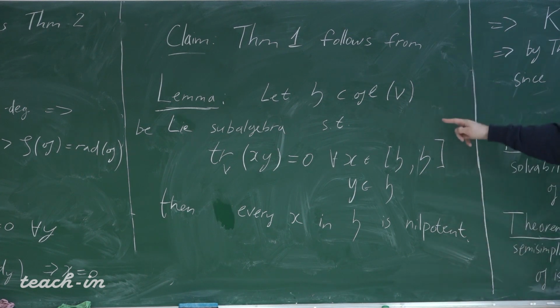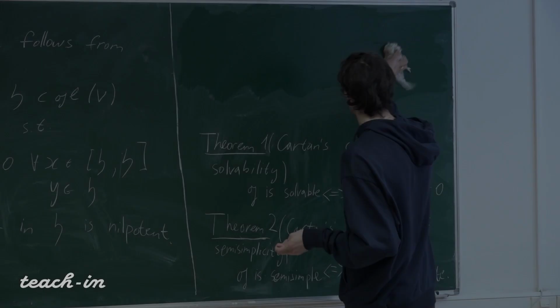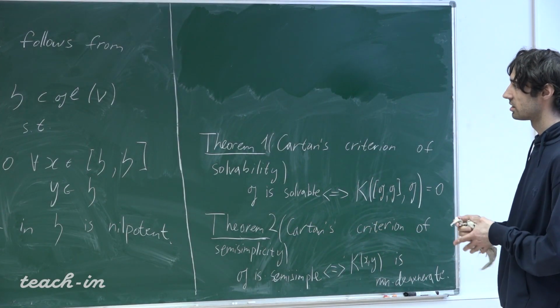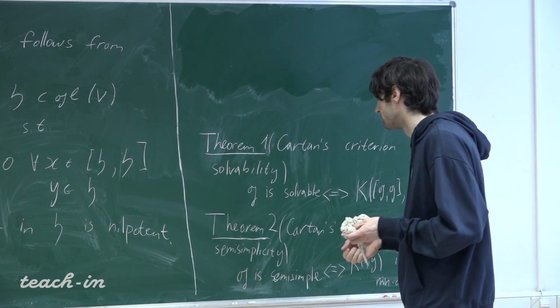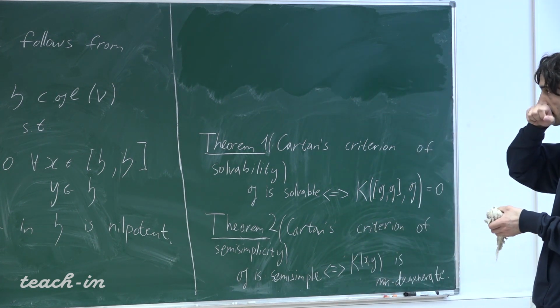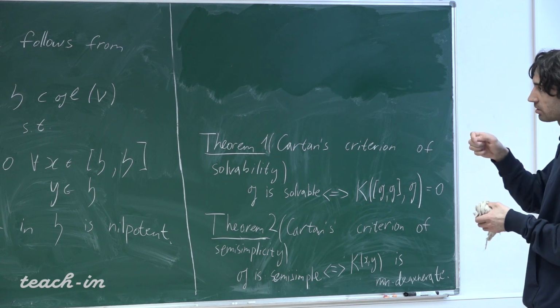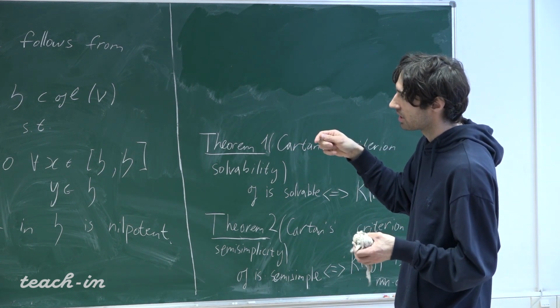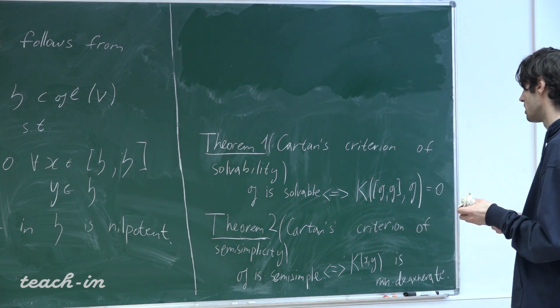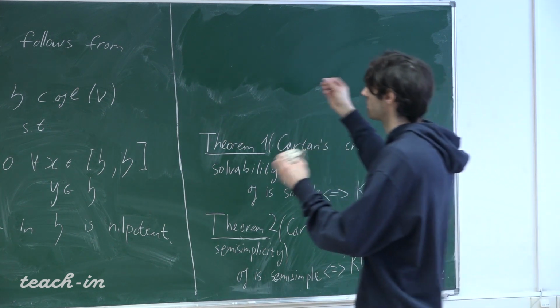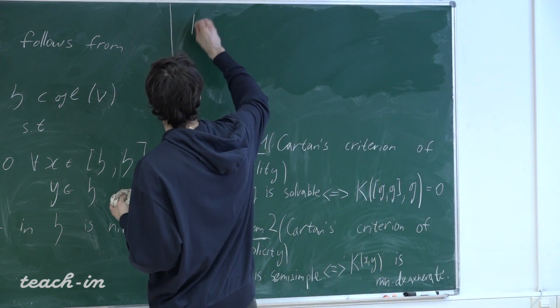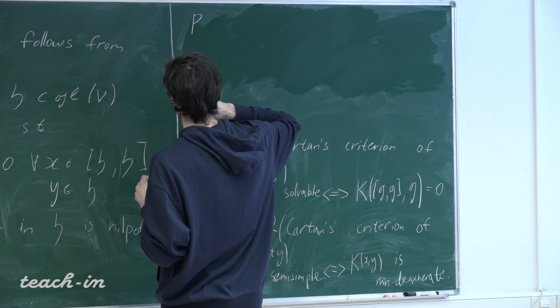But why does theorem 1 follow from this lemma? So this is theorem 1. So we need to take H to be something. Well, so the proof of the claim, the proof that theorem 1 follows from this lemma.